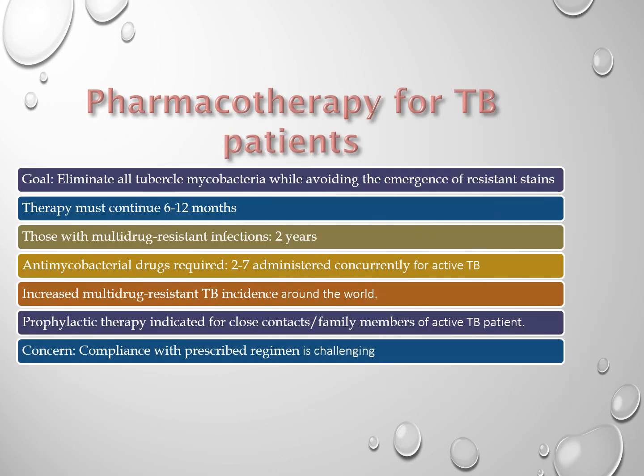So in this next slide, we're just going to talk about some concepts of pharmacotherapy for tuberculosis patients. So what's the goal of pharmacotherapy? Because it's going to be months of treatment, it is to eliminate the mycobacteria from the patient, while also trying to avoid the emergence of resistant strains.